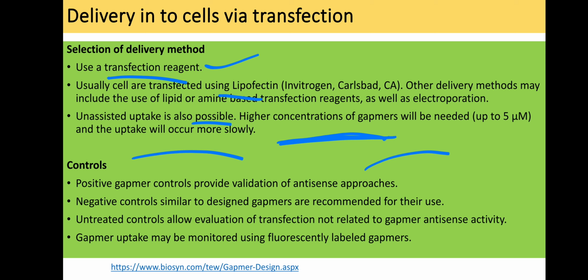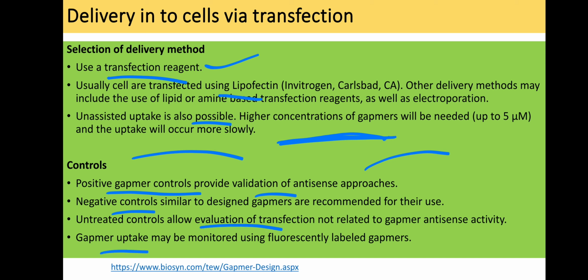This developed methodology is managed by different synthesis processes. Positive gapmer controls are delivered in the host body for clinical trials to check their validation, and similarly some negative controls are also used at that time, and then their activity is recognized. We check the affinity, the nuclease activity, the half-life, and the protein expression activity by using some control parameters.